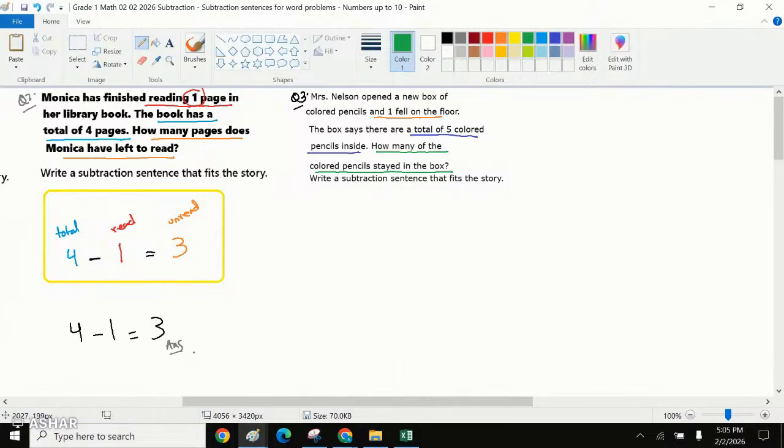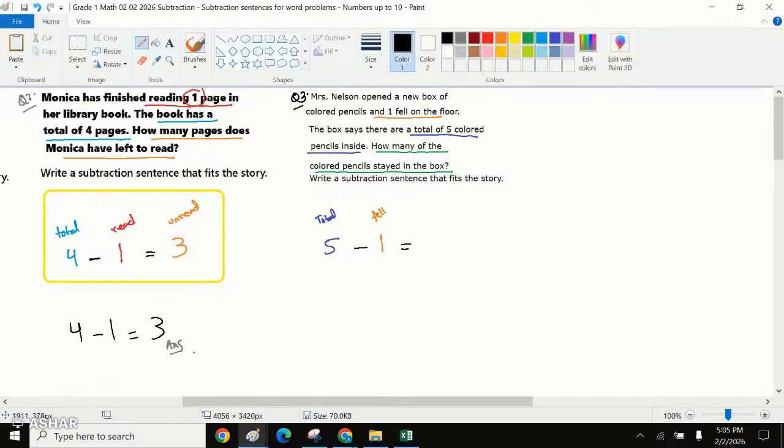So we know that the total number of pencils was 5 minus the number of pencils which fell out. One of them fell out, right? That means 5 minus 1.